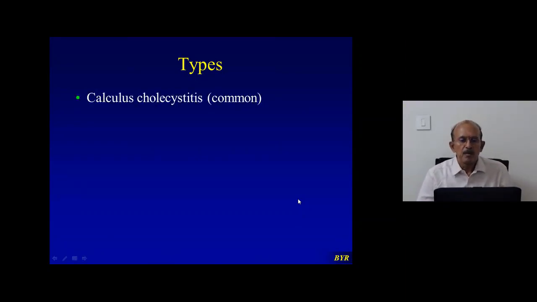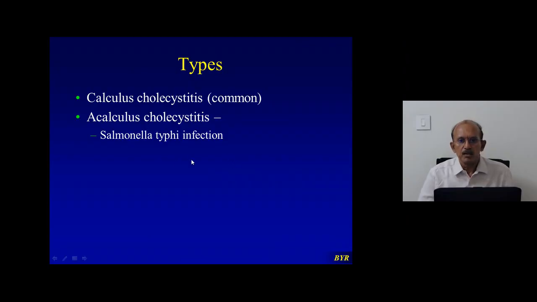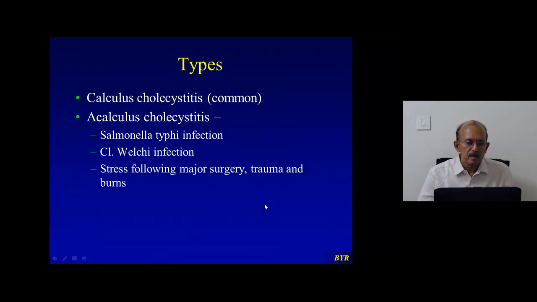Types of acute cholecystitis: calculous cholecystitis, that is common. Then acalculous cholecystitis. It may be due to Salmonella typhi infection, Clostridium welchii infection, stress following major surgery, trauma, and burns, or critically ill patients.